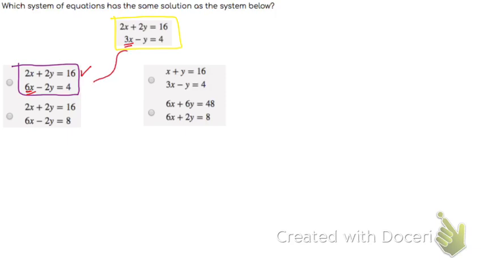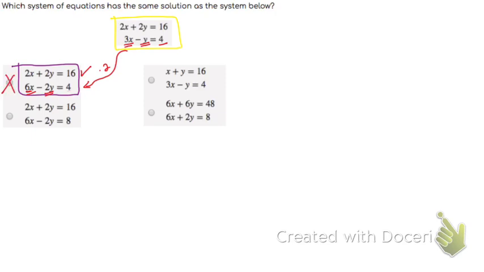So that looks like we are multiplying by 2 to get this other equation. Y is now 2y. Good. 4 is still 4. So we multiplied the left side by 2, but we didn't multiply the right side by 2. If this was an 8, we'd be good, but it's not. So the answer is not A, or not this first choice.